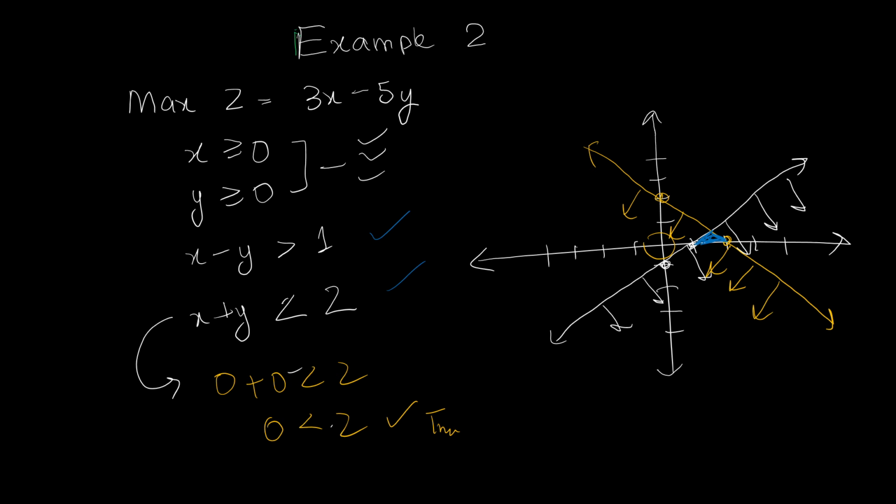That means we have three corner points here. We already know the first two corner points. These are just the x-intercepts of these two inequalities, which were 1 comma 0 and 2 comma 0.